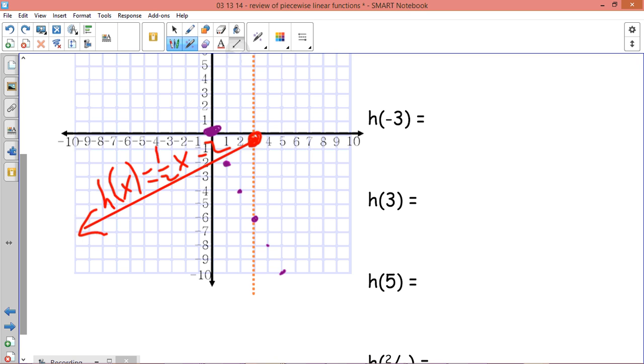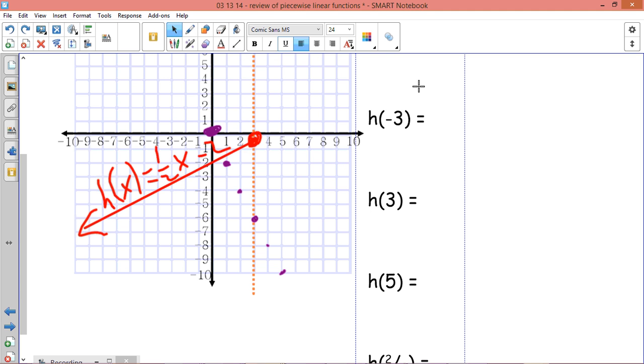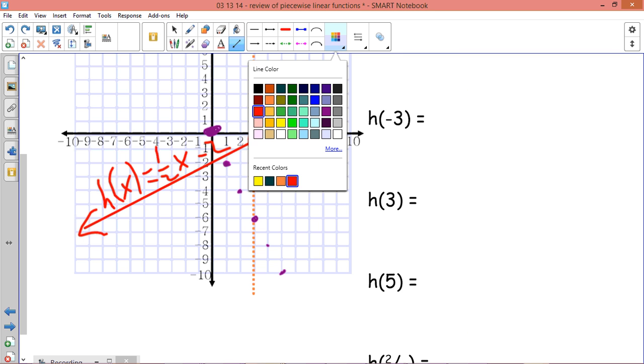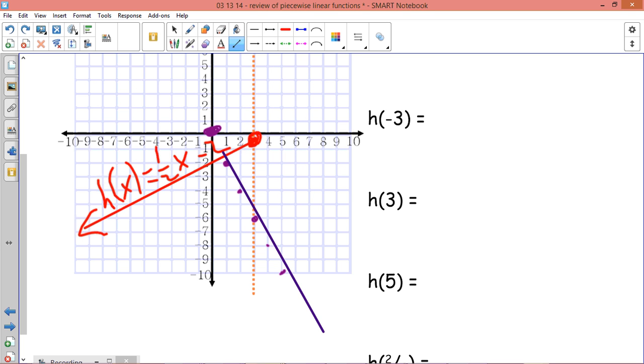So what I need to do now is draw a line. I'll make it purple to match my color. And I need to draw a line that matches this. However, I cannot go past what I had.